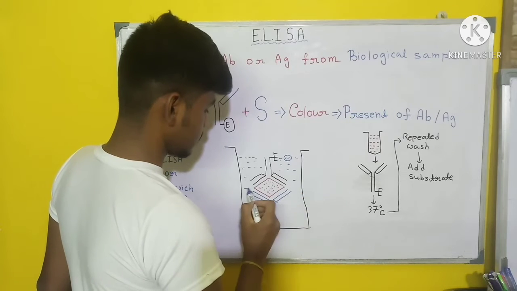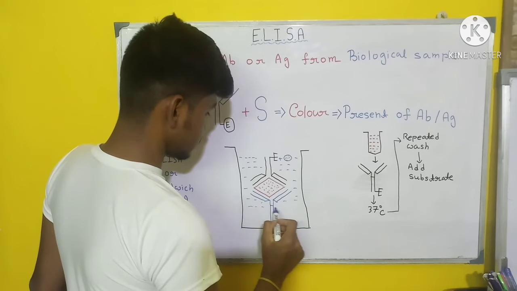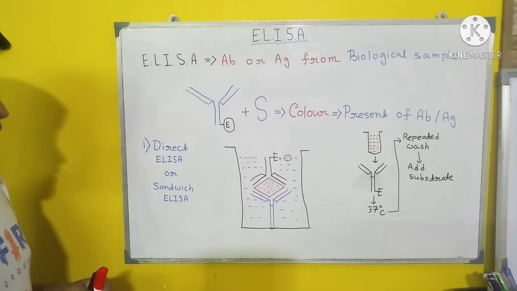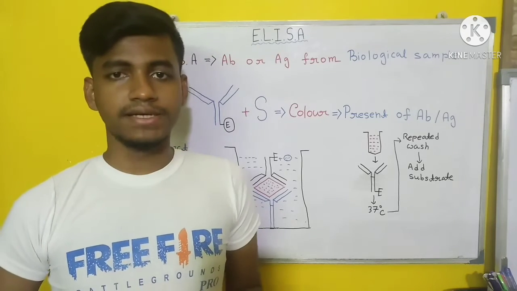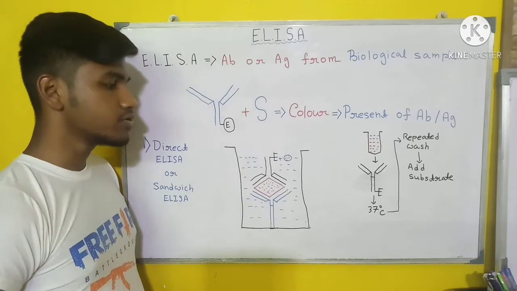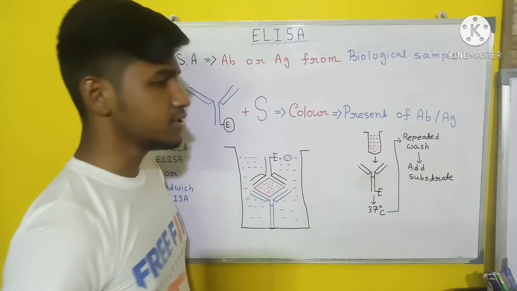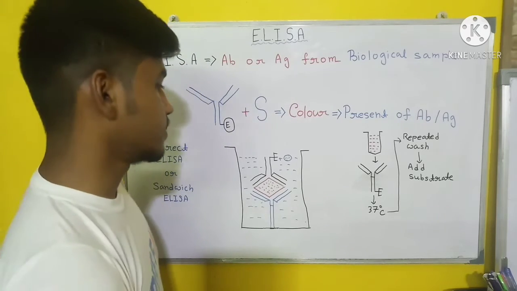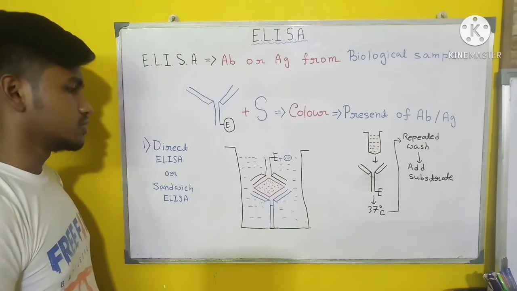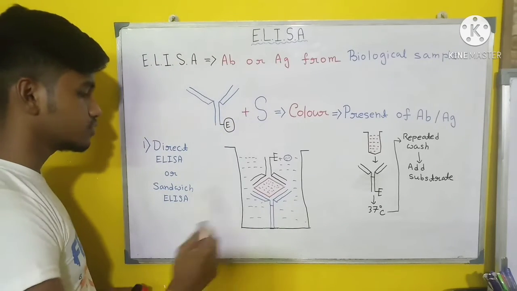After the reaction, when the color is produced, this color indicates that a particular antigen is present in this well, for which the enzyme linked antibody has been designed. And if the reaction of the enzyme linked antibody with the substrate does not occur, then it will not produce the color.